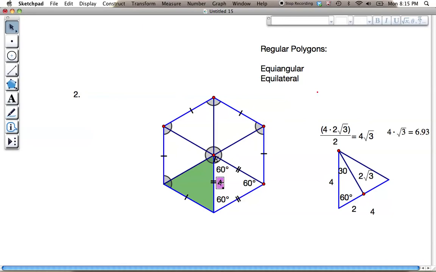In this problem, you're only given that the length from the center to a vertex is 4. Because this is a regular hexagon, I can draw a line connecting the center of the hexagon to each one of the vertices, and I see it makes 6 triangles.